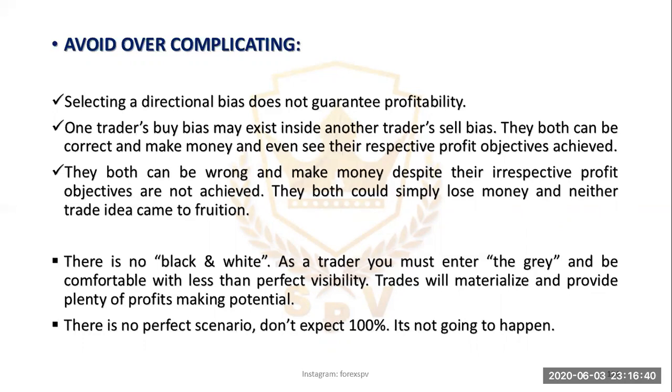You can have bullish market structure, you have done your analysis and you see on the hour that the market structure is bullish, and then the next day the market makers break it. You're not 100% sure that the market makers will play along with your analysis. The price will sometimes play along, sometimes not. So there's no perfect scenario, do not expect 100%.